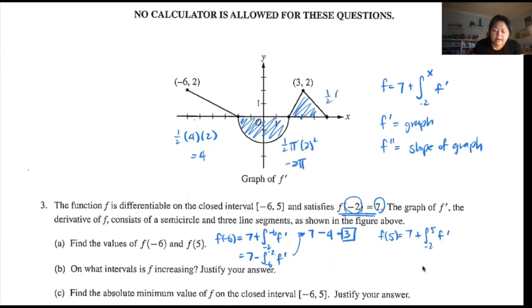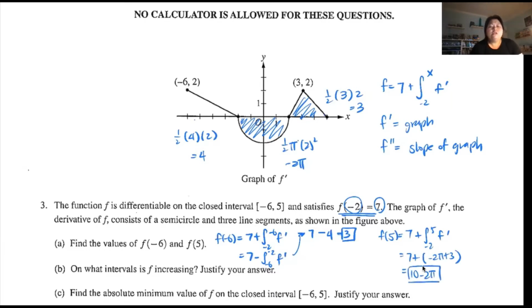This triangle is 1/2 base times height, so that's 3. Since this is the right order, we don't need to worry about changing the integral here. So it'd be 7 plus parentheses, the area of -2 pi plus 3. If you add it all up, that's 10 minus 2 pi for f of 5.